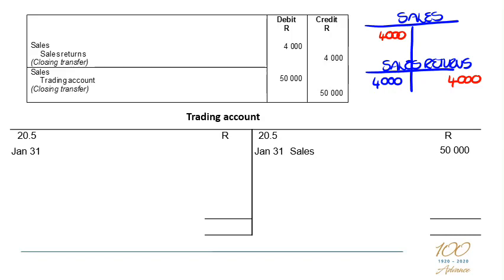So the sales added up to 54,000 on the credit side, cash and credit. So I want the same value to be on the debit side of sales. So to get the same value, I would have to debit the sales account and make a corresponding credit in the trading account.